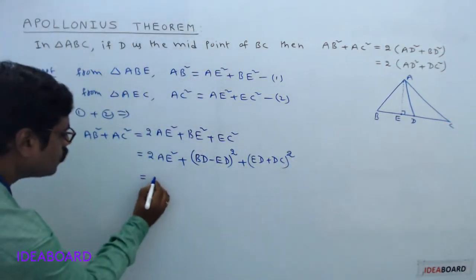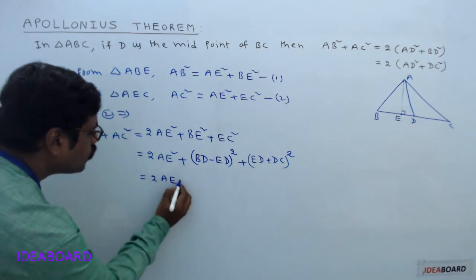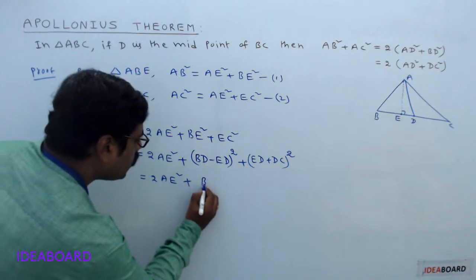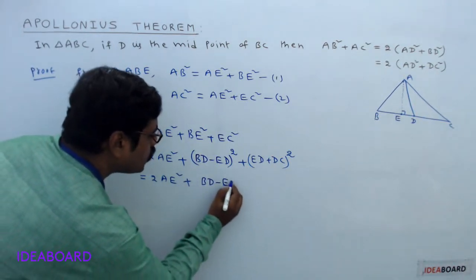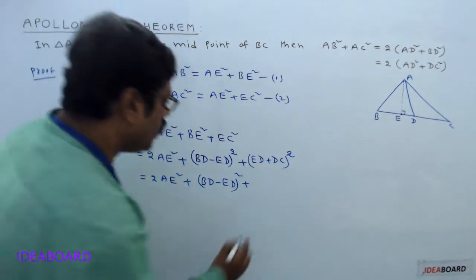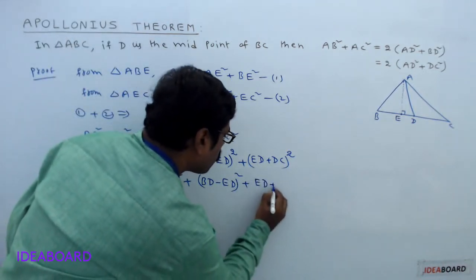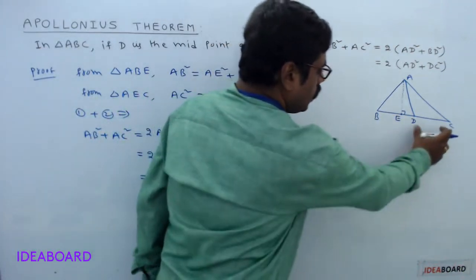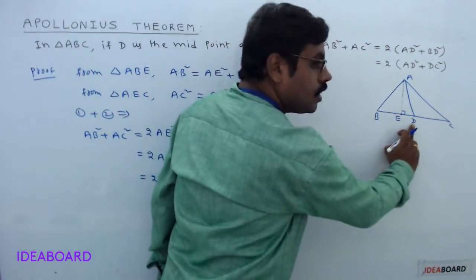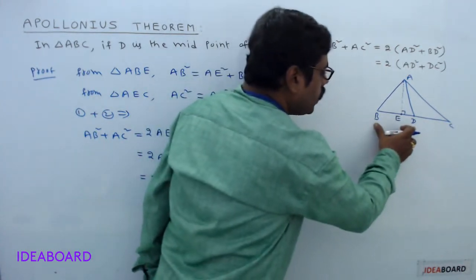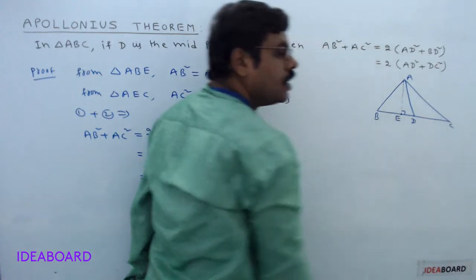Now this equals 2 into AE square plus BD minus ED whole square plus ED plus DC whole square. If you look at the diagram, D is the midpoint of the side BC, so BD is the same as DC.